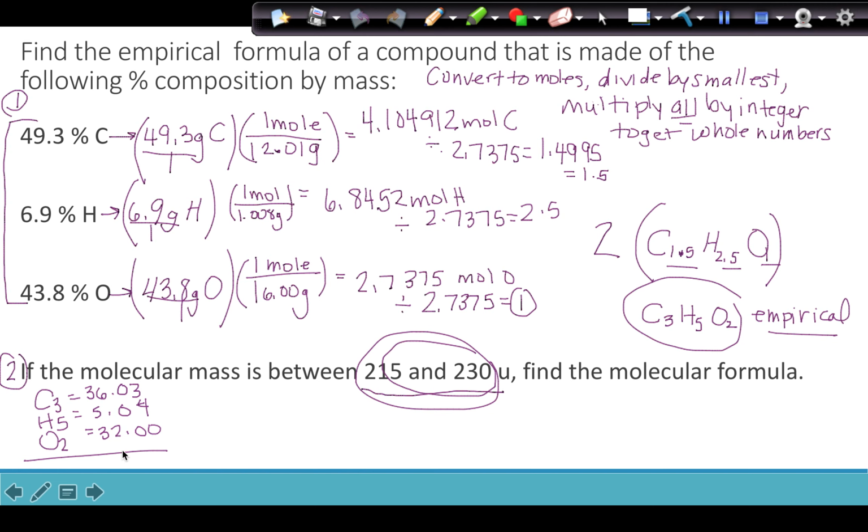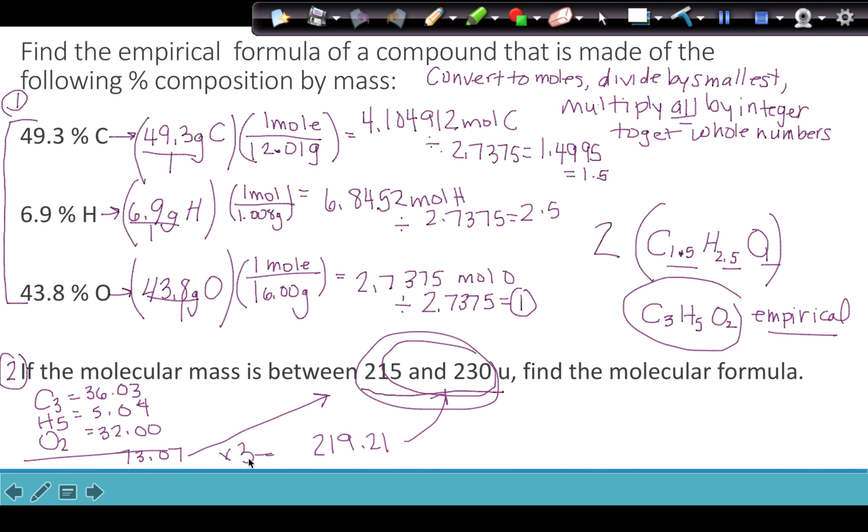When I add this up, the mass is 73.07, the molar mass, or the molecular mass. So I have to look and see, okay, how many times does 73.07 have to be multiplied to get to that range? If I multiply by 2, that's only around 146. But if I multiply by 3, I wind up with 219.21, which fits nicely into that range.